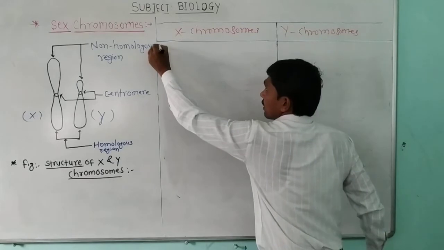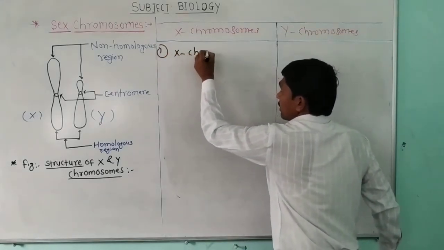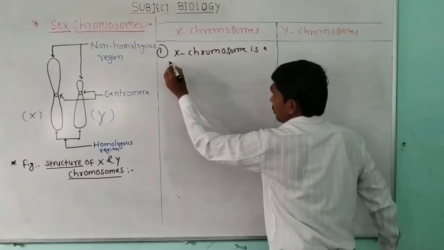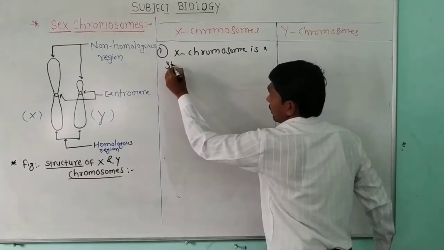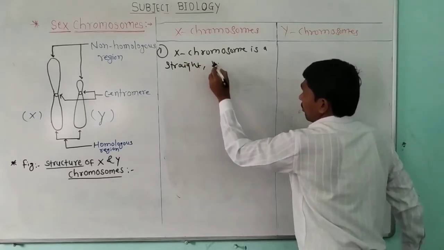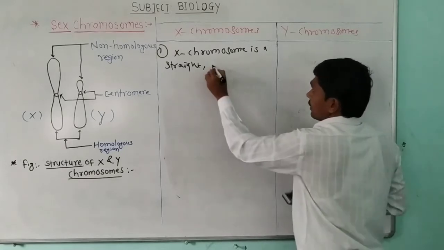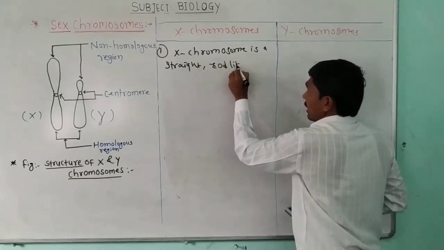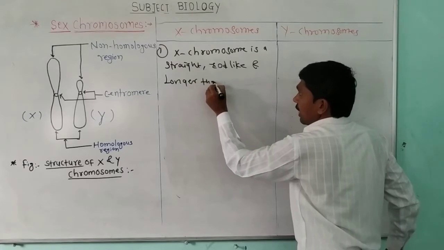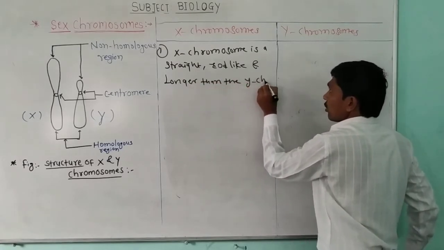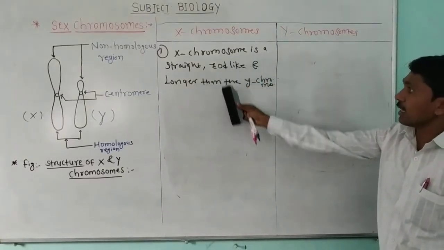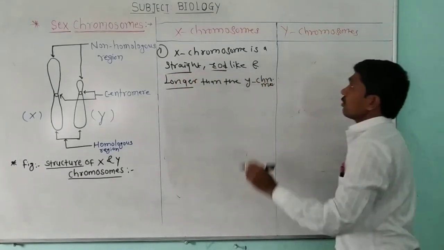So first, the X chromosome is a straight rod-like structure and longer than the Y chromosome.